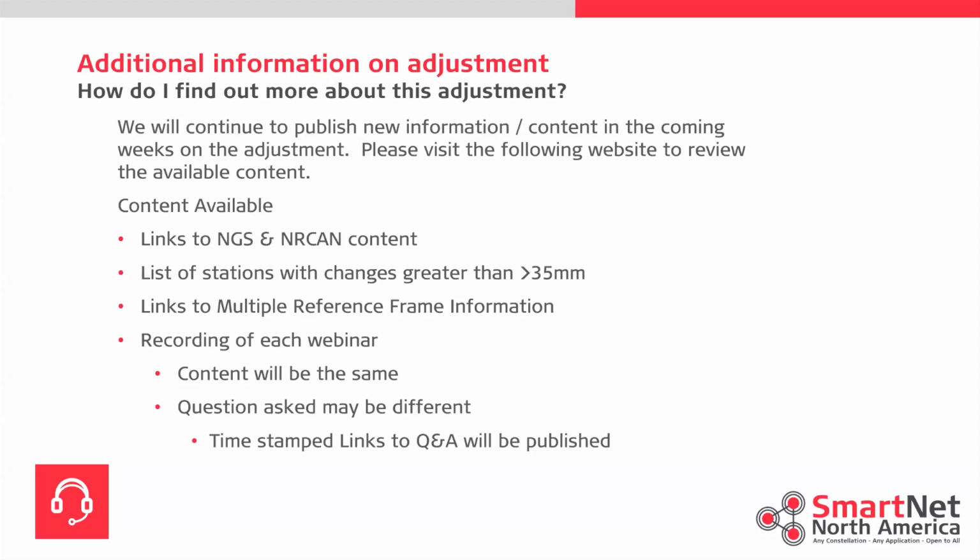We will have a list of stations that change greater than 35 millimeters once we have the final processing run done and the QA and QC done. We will produce a list of all of those stations. We will have a link in an article specifically on multiple reference frames, so that you'll have all that information about MRFs and how you get back and forth between multiple reference frame mount points.